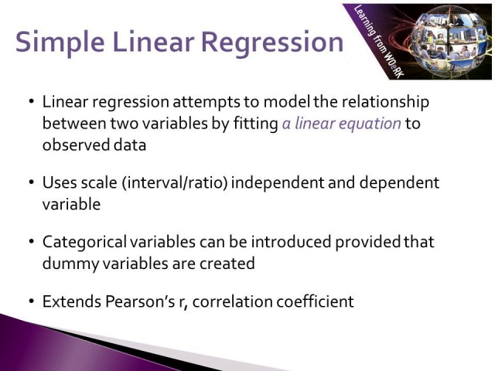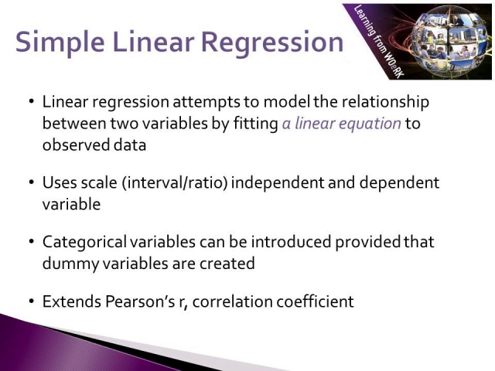So to start with, we're going to have a look at simple linear regression. Now, linear regression attempts to model the relationship between two variables by fitting a linear equation to the observed data. One variable is considered to be an explanatory variable, and the other is considered to be a dependent variable. Linear regression uses scale data for the independent and dependent variable.